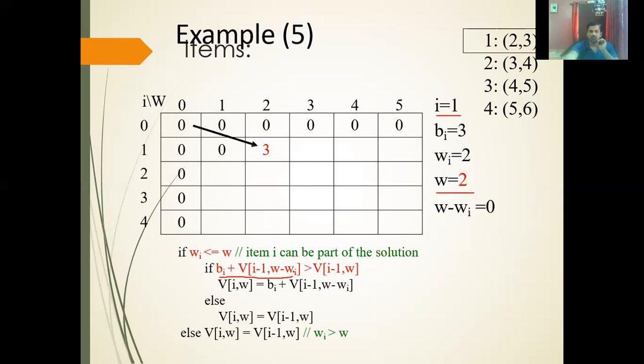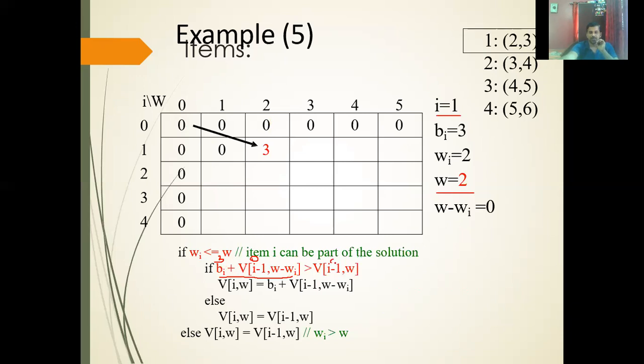This is nothing but 0, comma 0. 3 plus 0 greater than this 3. This is 0, greater than capital V of I minus 1, comma W. I is nothing but 1, 1 minus 1, 0. 0, comma 2.